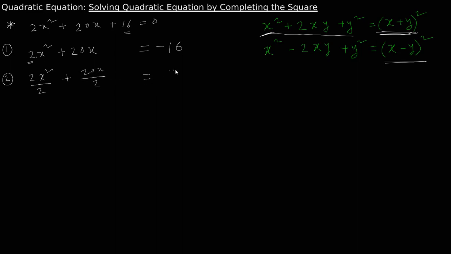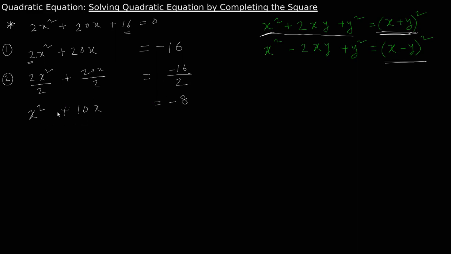I am dividing all the terms by 2. So that's my step number 2. What I am left with now is x square plus 10x equals negative 8. Okay, so that is where I am now.